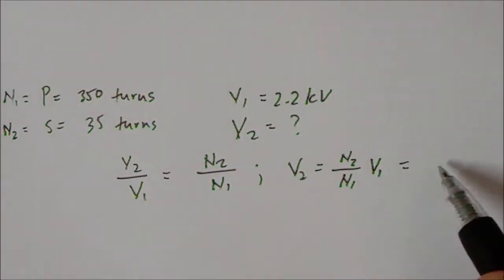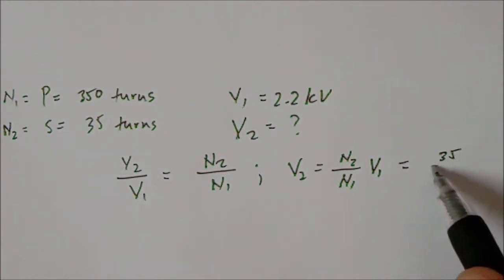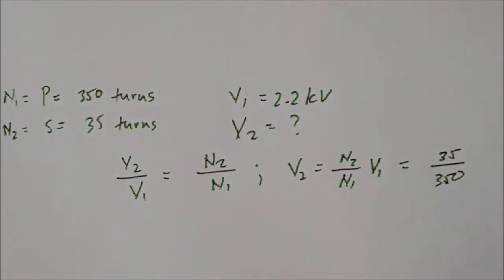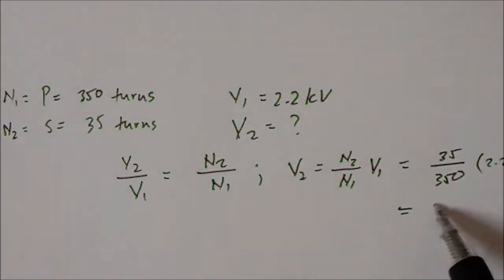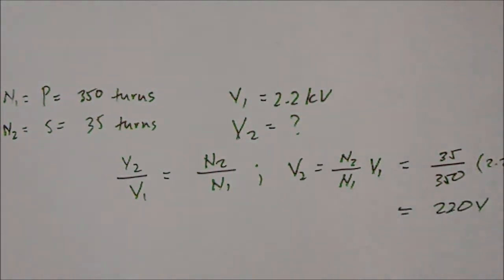N2 is 35 turns over 350 turns times V1 is 2.2 kilovolts. So, makakompute natin siya as equivalent to 220 volts. So, may sagot na tayo. 220 volts.